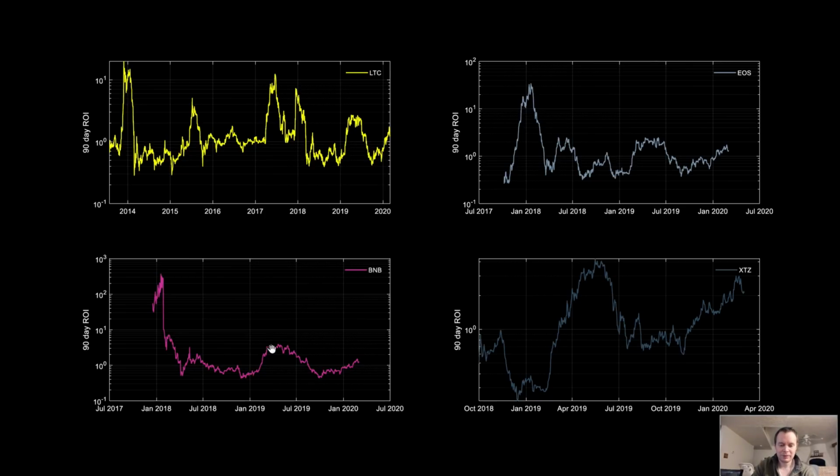And you can see that here because the 90-day return on investment was hovering at 2 to 4x for many months in 2019, which is a really good return to see it stay above that level that long, because most of the time, it's really short-lived. And obviously these time scales are different from one another, but to see that is quite remarkable.